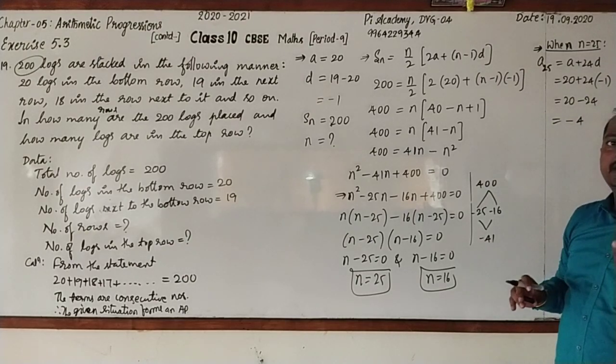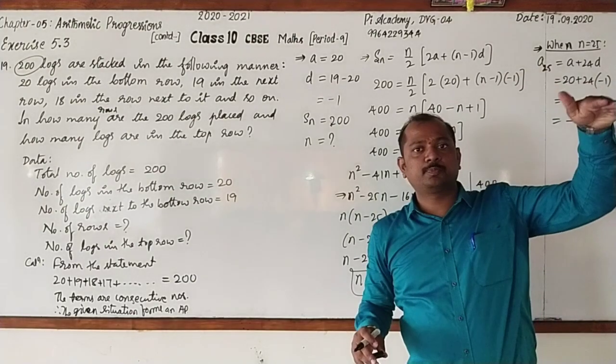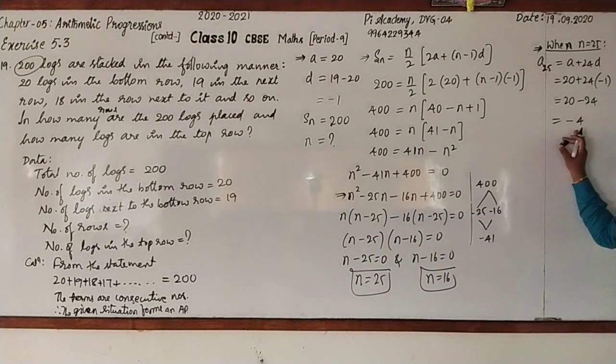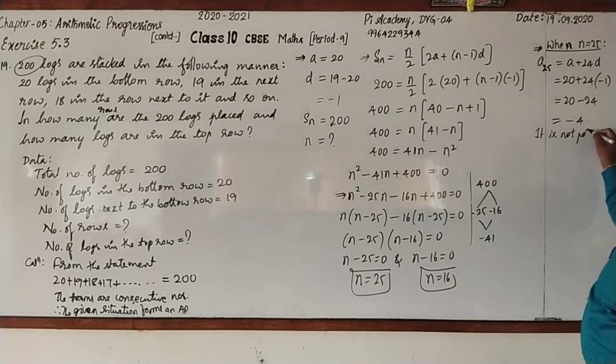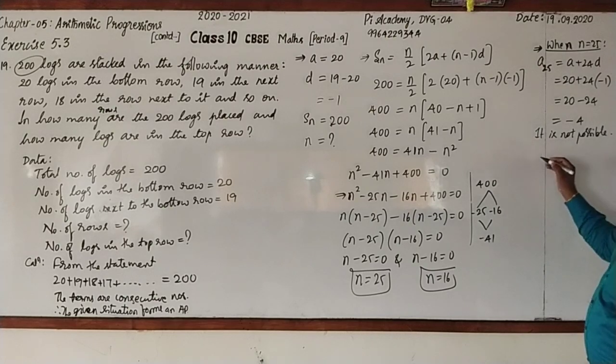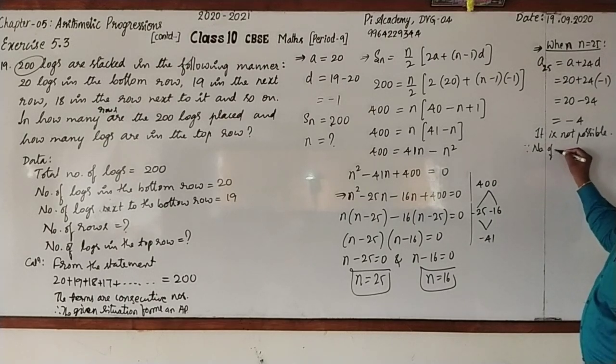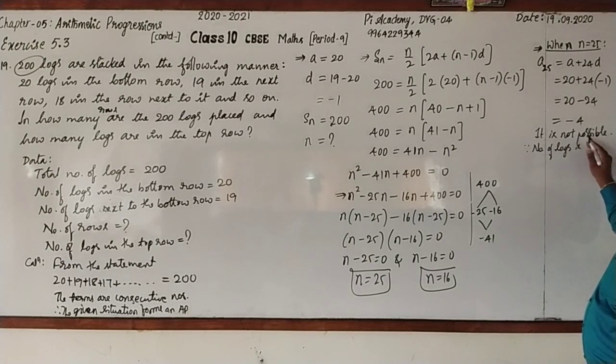Is it possible to get the number of logs in the top row as minus 4? No, because the number of logs will never be negative. This won't come. It is not possible. Reason? Because the number of logs is positive.